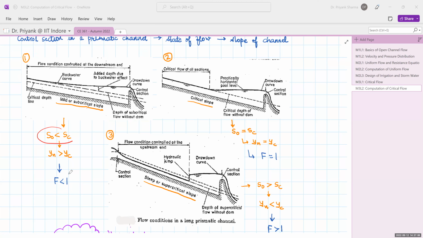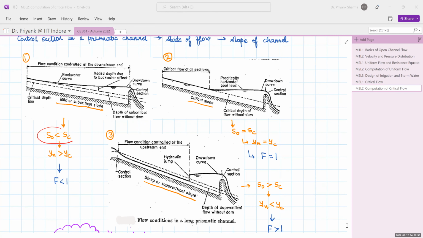Now in case of a critical slope, you know that yn is equal to yc and the Froude number is 1. And in case of a supercritical slope or a steep slope channel, you can see that yn is less than yc and the Froude number is greater than 1.